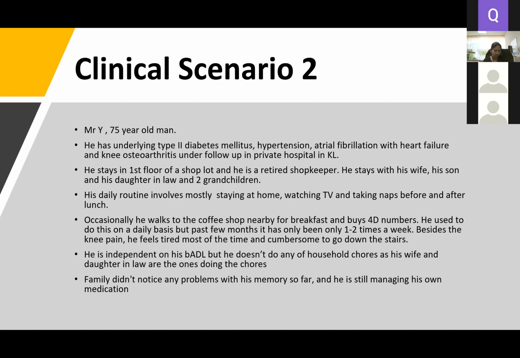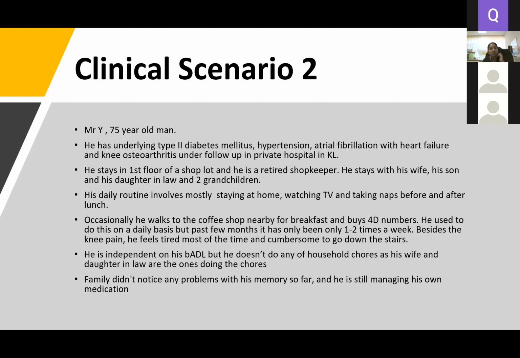His daily routine involves mostly staying at home, watching TV, and taking naps before and after lunch. Occasionally, he walks to the coffee shop nearby for breakfast and buys 4D numbers. He used to do this on a daily basis, but for the past few months, it's been only 1 to 2 times a week.